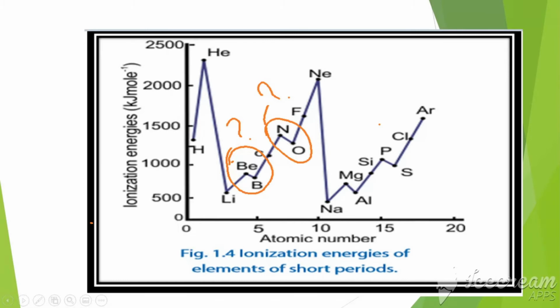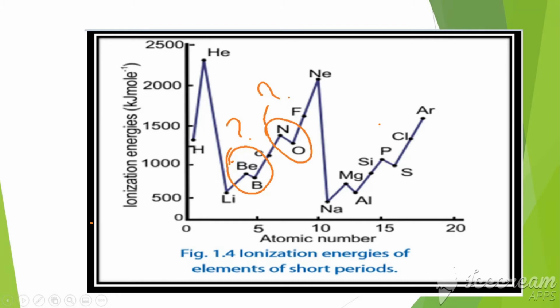S is completely filled, so it is difficult to remove electron from it. But when you see boron belonging to third group, then its 2 electrons are in s, and s is completely filled, and 1 electron is in p orbital.